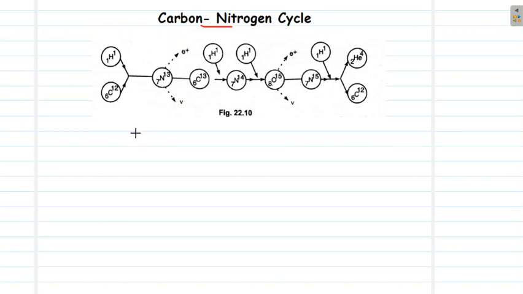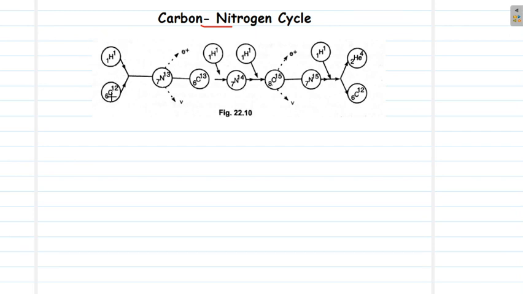If you look at the process happening in the carbon-nitrogen cycle, a carbon nucleus is involved. First, a carbon nucleus, which is a 6C12 nucleus, will combine with a proton to form a nitrogen, emitting a positron and a neutrino. Let us write the first reaction.